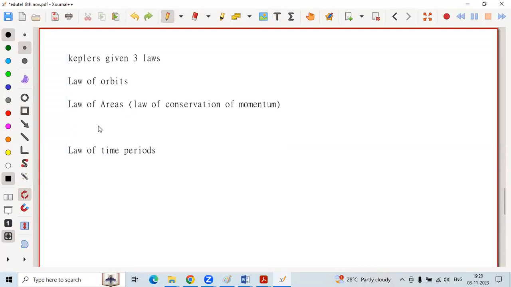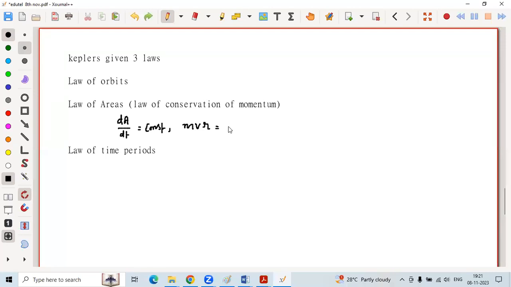Anyone? The law of areas formula is MVR equals constant, or dA by dt equals constant. Either format. MVR is called angular momentum.